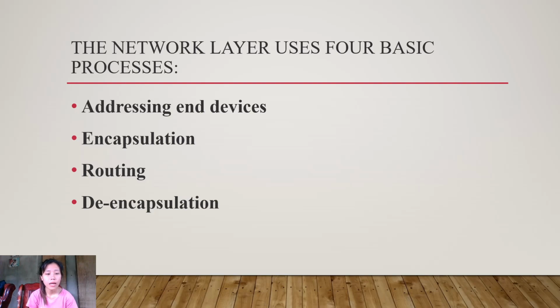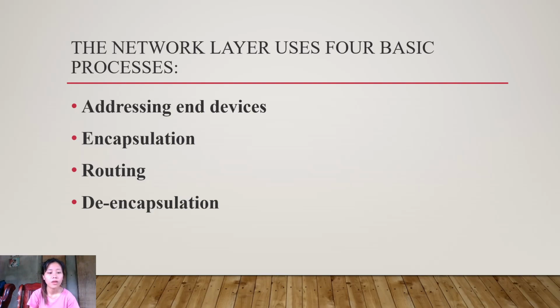In encapsulation, the network layer encapsulates the protocol data unit, or PDU, from the transport layer into a packet. The encapsulation process adds IP header information such as the IP address of the source and the destination. The source is the sending and the destination is the receiving.